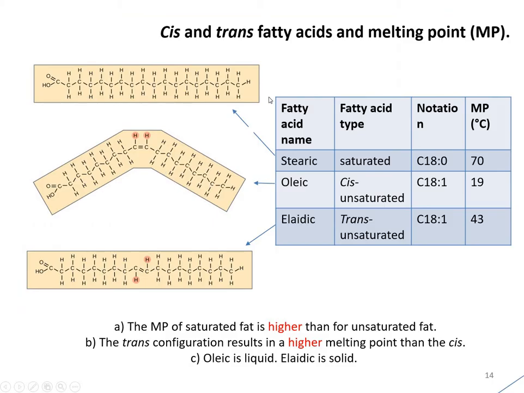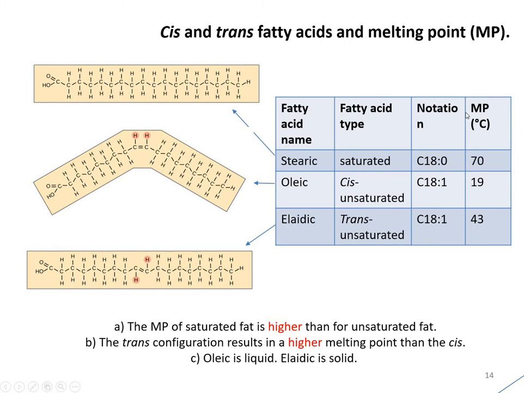This is just a comparison, the final slide for today. Cis and trans fatty acids and their relation with the melting point of this particular fat. Fatty acid name is stearic. Saturated fatty acid, similar carbon number C18, and then we have unsaturated cis oleic and trans unsaturated elaidic.